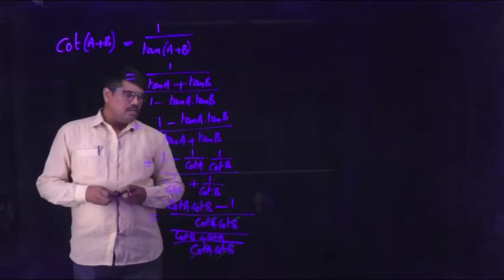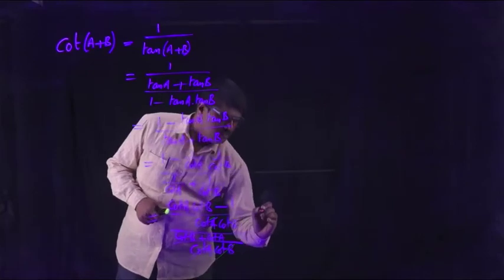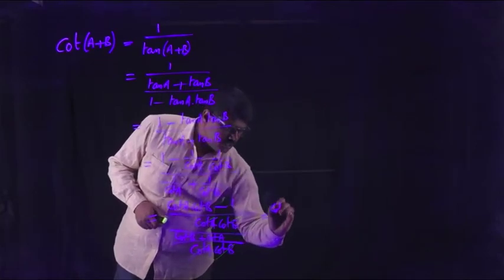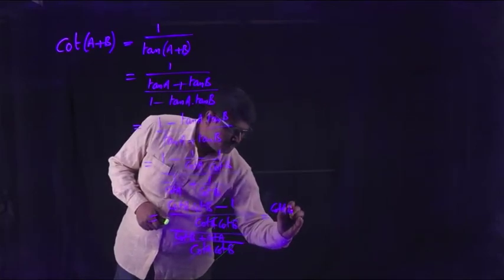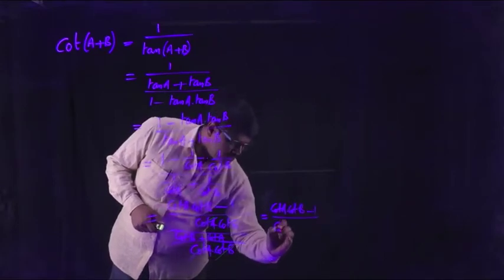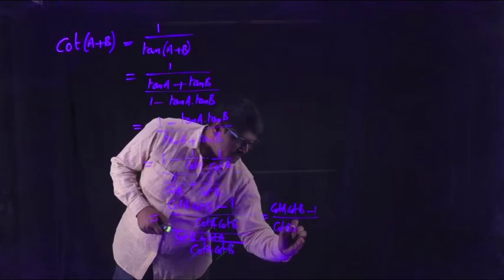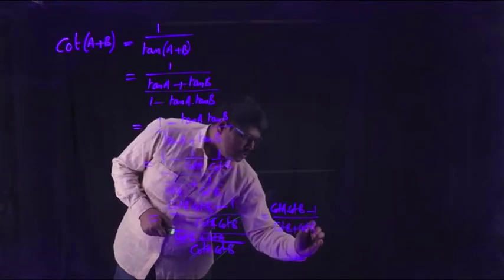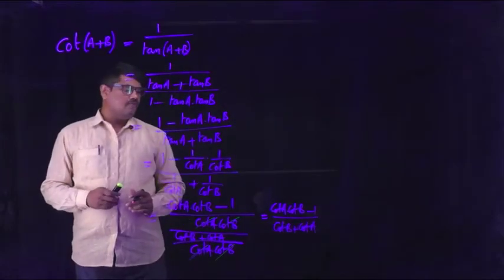You can observe the remaining part of the formula, which is cot A into cot B minus 1 by cot B plus cot A. So this is the formula for cot of A plus B.